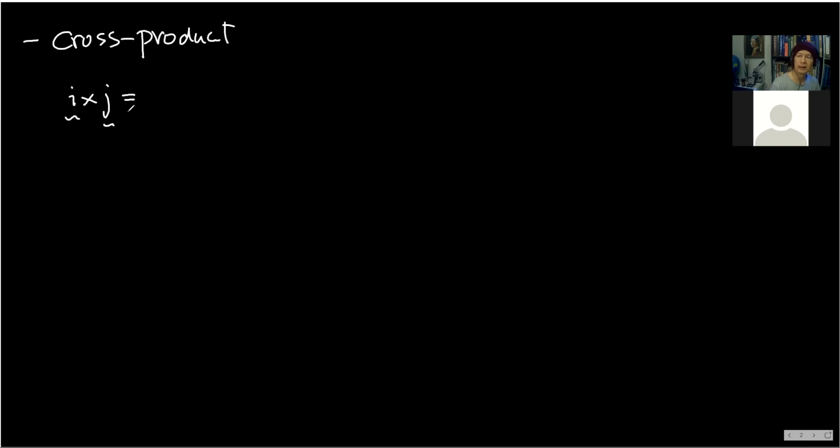Those are unit vectors. Can you write down the result? We did some exercise last week, right? This i and j has a proper notation, so i cross j is k. Yes, that's right.